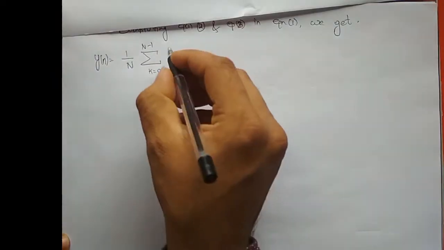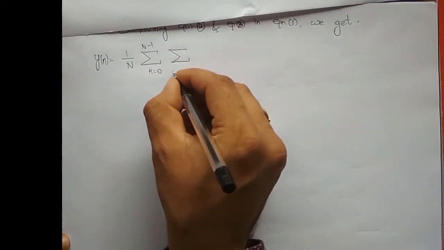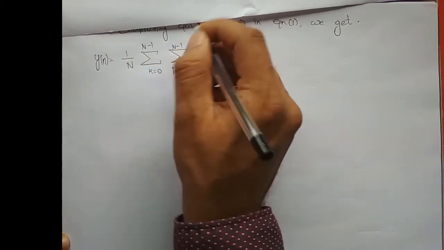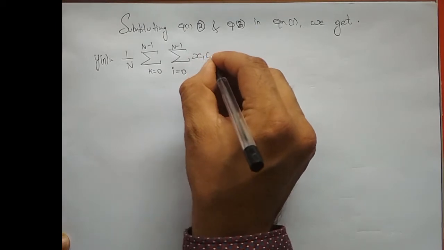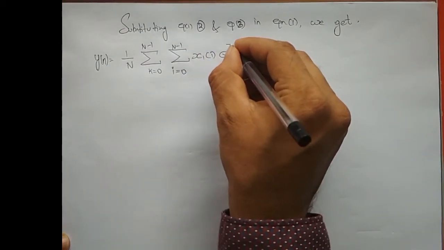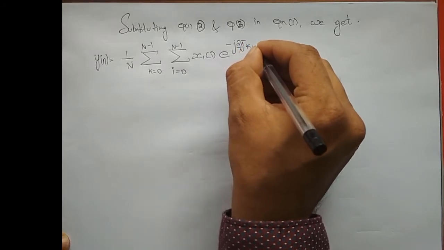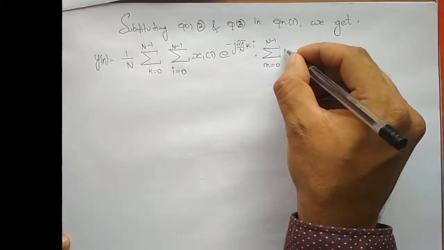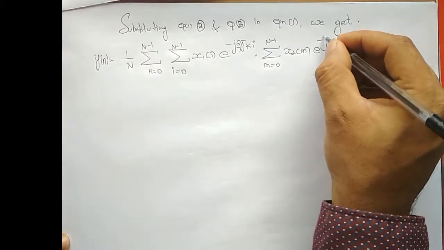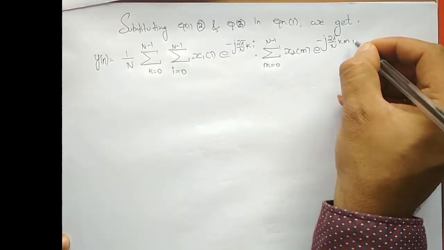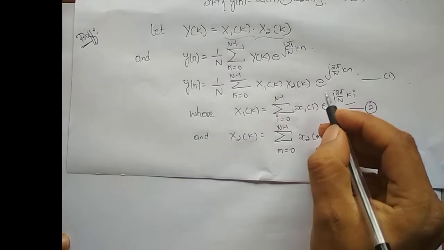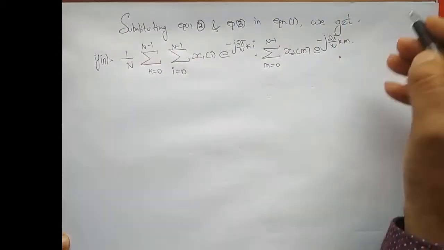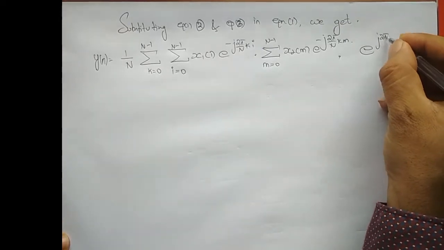So I'll substitute that: summation i varying from 0 to N minus 1, x1 of i e power minus j 2 pi by N into k into i, into X2 of k, right? What is X2 of k? X2 of k is this equation. So it is summation m varying from 0 to N minus 1, x2 of m e power minus j 2 pi by N into k into m, into, what is the left out term? This is the left out term, e power j 2 pi by N into k into n.